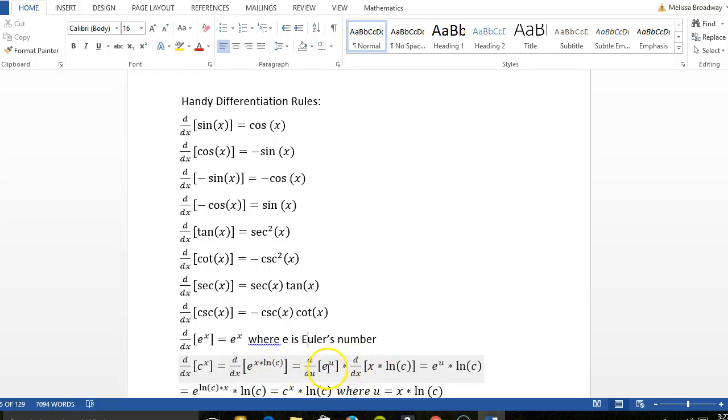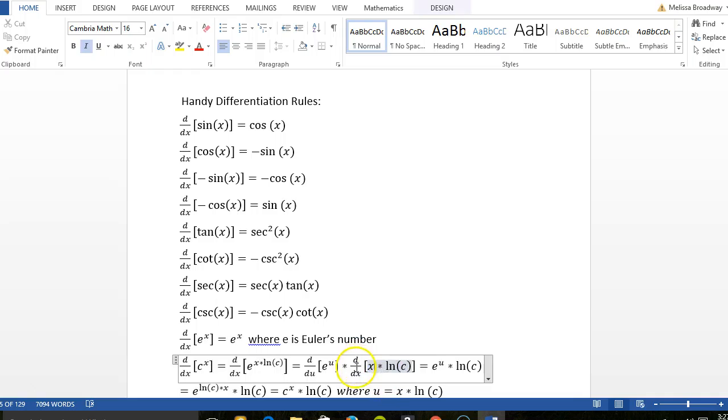And so d by du of e to the u times d by dx of g of x, or d by dx of u if you'd rather think of it that way. But d by du of e to the u, we're just doing u instead of x here, guys. U is our variable instead of x. Remember what we just said, that's just e to the u itself. Now d by dx of x ln c, guys, from what we talked about in times past, if you do the derivative of 2x, you just get 2, or the derivative of 3x, you get 3.